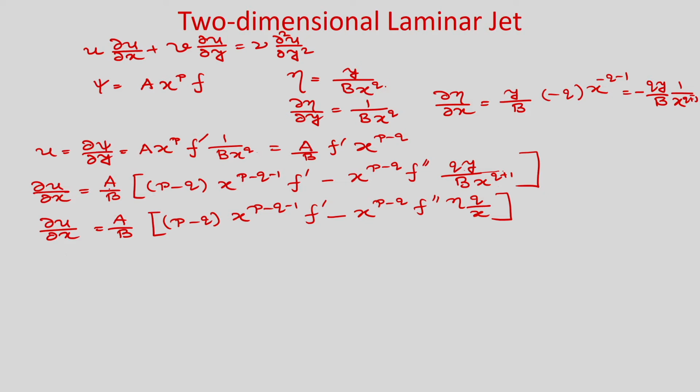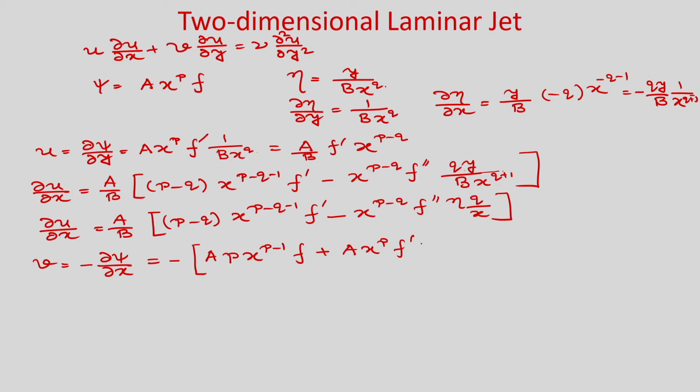Now, we can write v as minus del psi by del x. So, v is equal to minus del psi by del x. So, from here you can see that we can write minus, so del psi by del x. So, it will be a p x to the power p minus 1 f, then plus a x to the power p f prime, then del eta by del x.